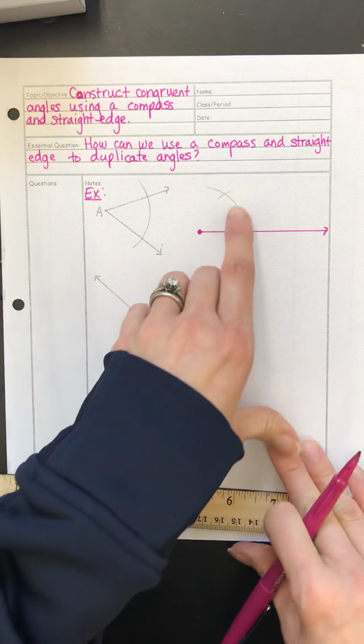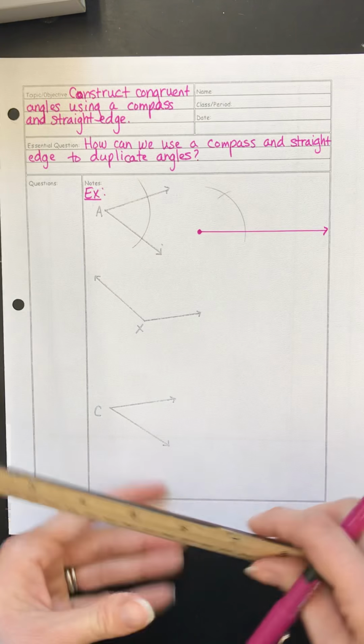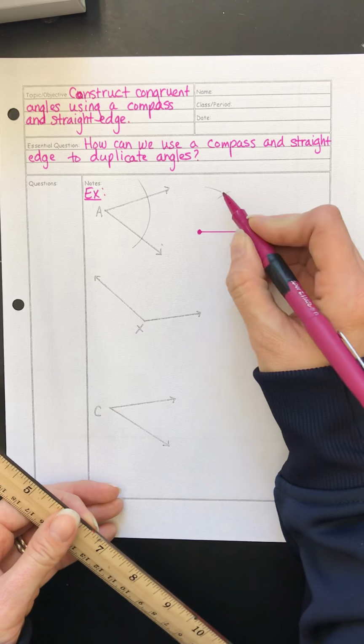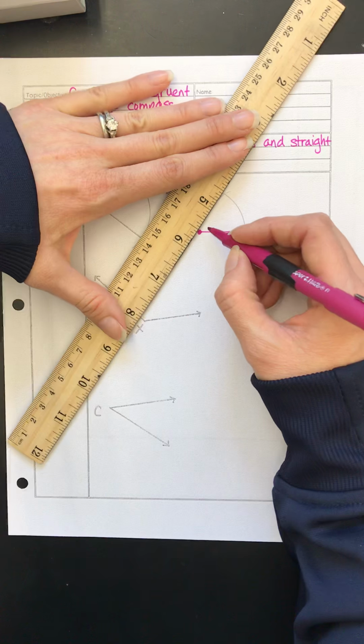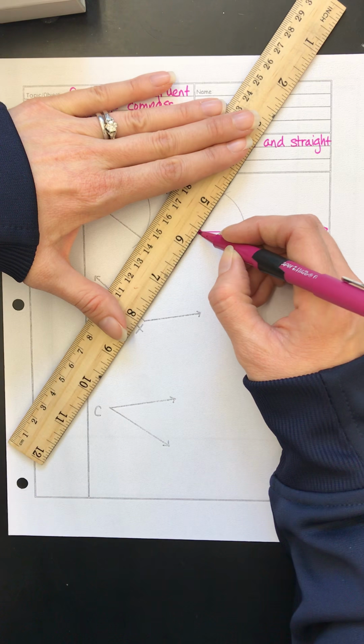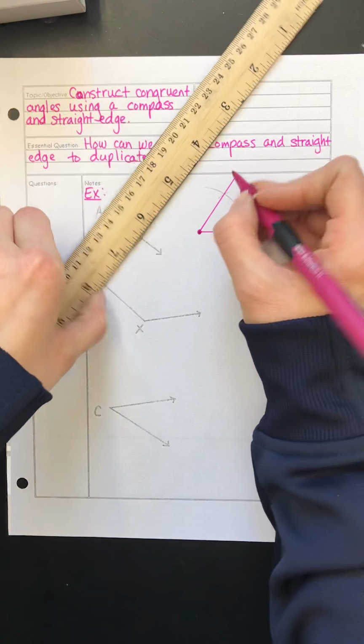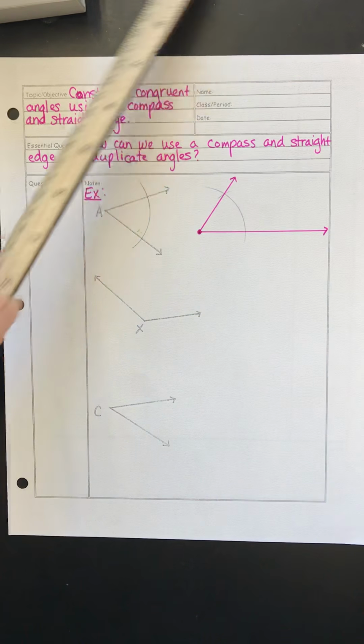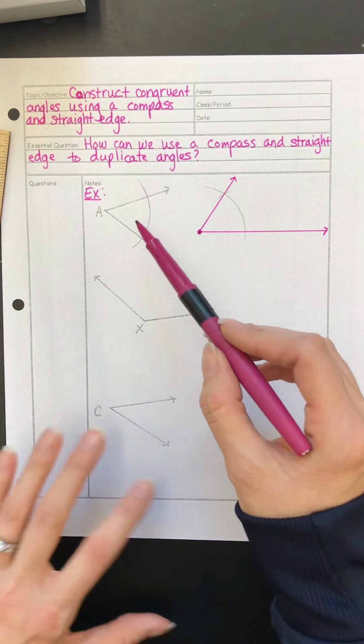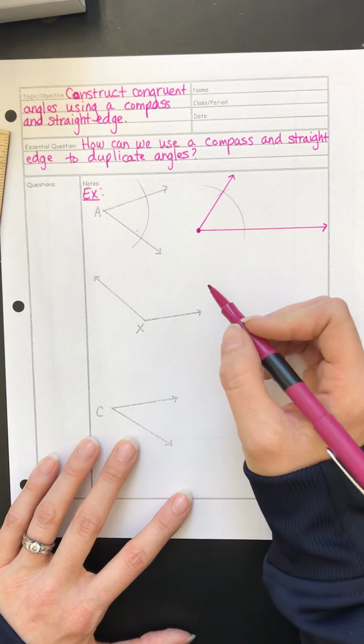Now that I have this, it's like an X marks the spot, we're going to connect our endpoint with where that X is. And we've done it. We have created an angle that is congruent to this angle.